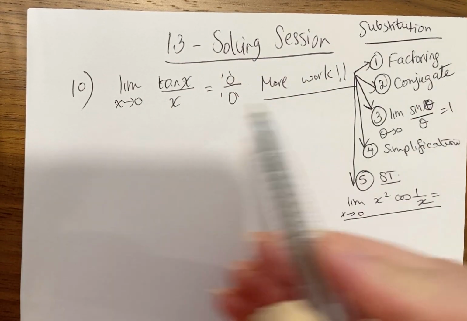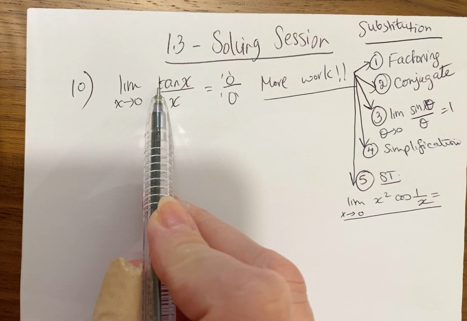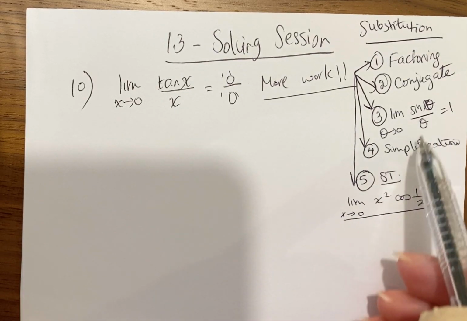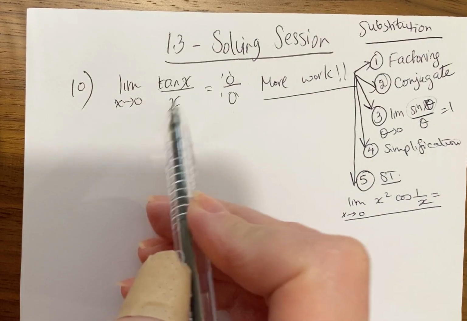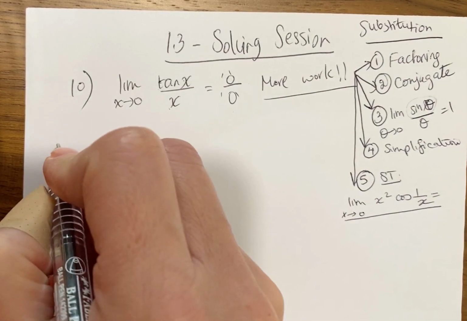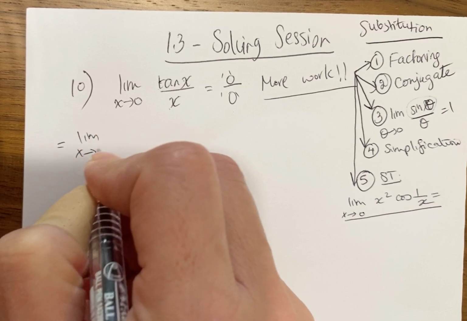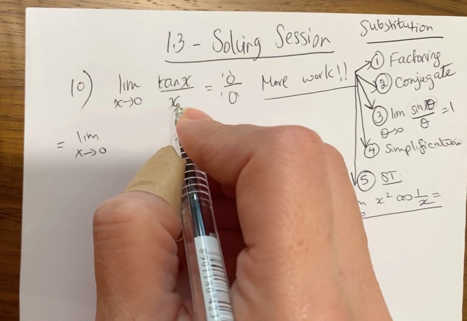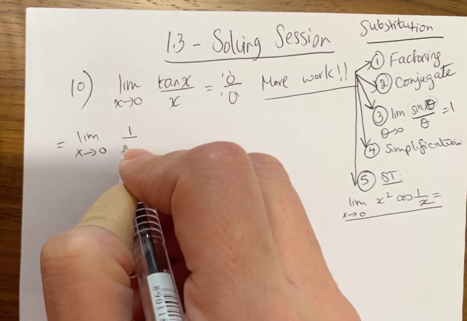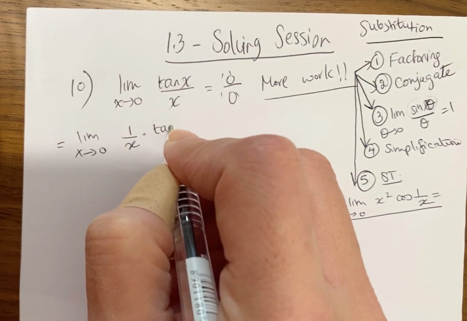See, for such an example, whenever tan is involved, sine is involved. Whenever you see tan x over x, it's as if you are seeing sine x over x. Why? Because if you use some trigonometric information, you will remember that tan x is... See, tan x over x can always be written as 1 over x times tan x.